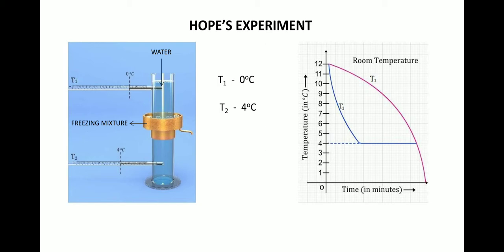So this proves that at 4 degrees Celsius the density of the water becomes the maximum and it reaches down at the bottom of the container, while at 0 degrees Celsius water which has less density remains at the top of the container. So this is what Hope's experiment demonstrates, and it demonstrates perfectly the anomalous expansion of water.